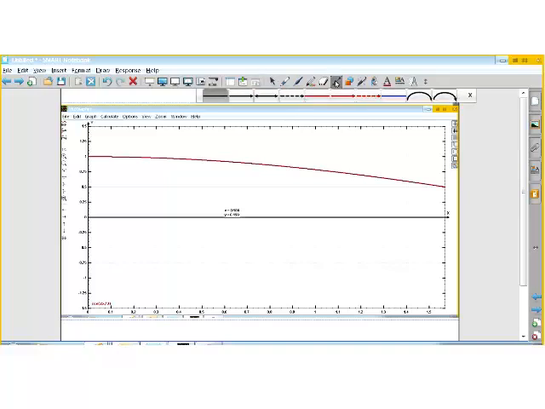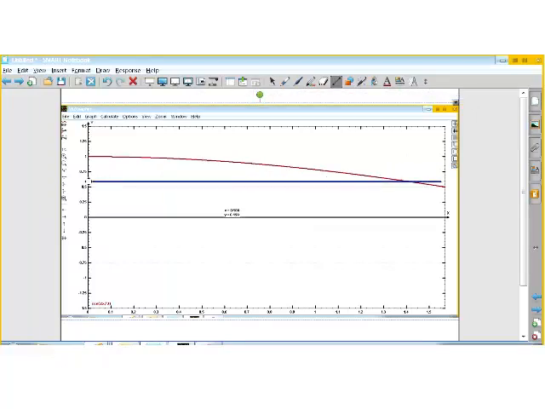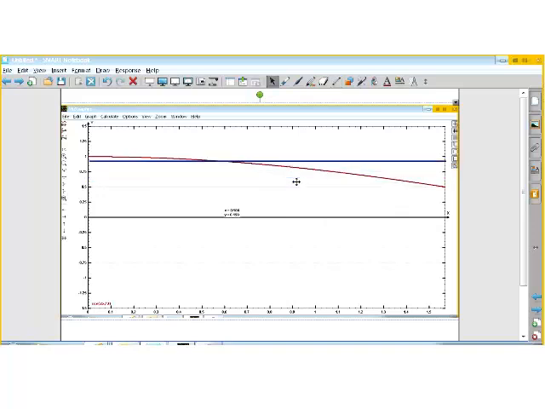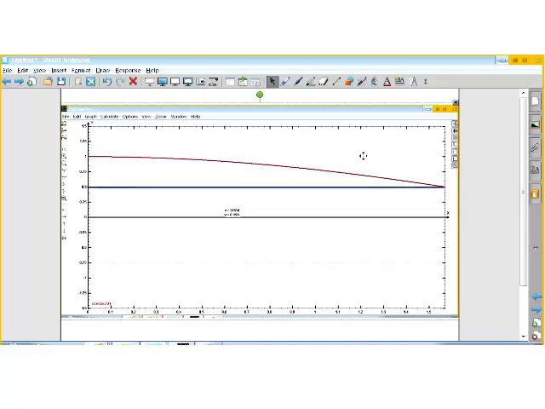If I take my blue line, and I draw this horizontally, obviously the area under the blue rectangle is greater than the area under the red curve. Here, of course, it's too small.